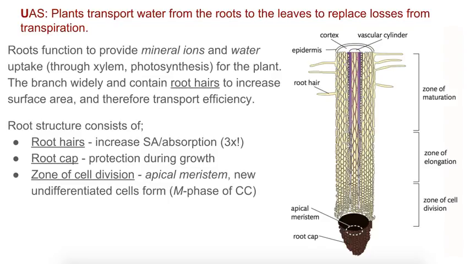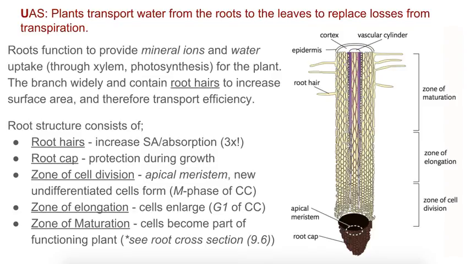We have a zone of cell division, which contains the apical meristem, and this is where new undifferentiated cells form, and this relates to the M phase or mitosis phase of the cell cycle. There is also a zone of elongation. This is where those new cells enlarge, and this relates to the first growth stage of the cell cycle.